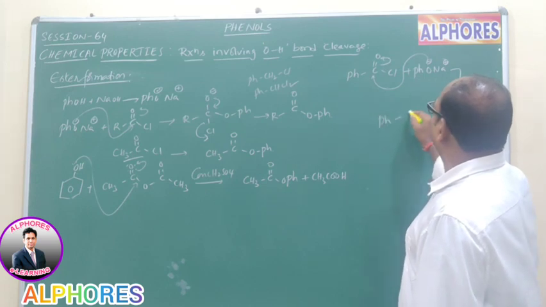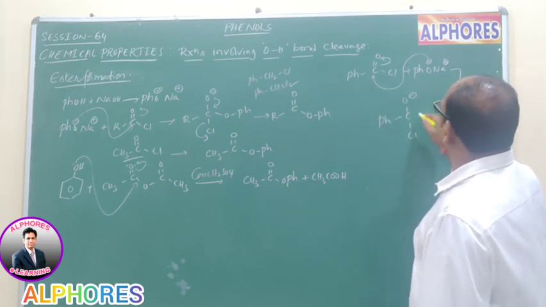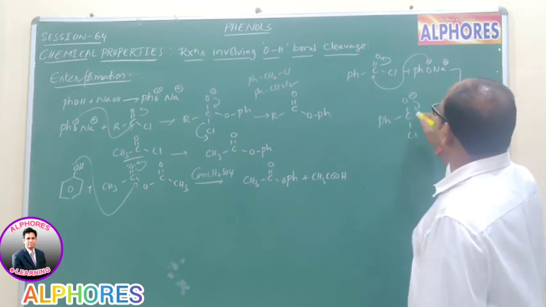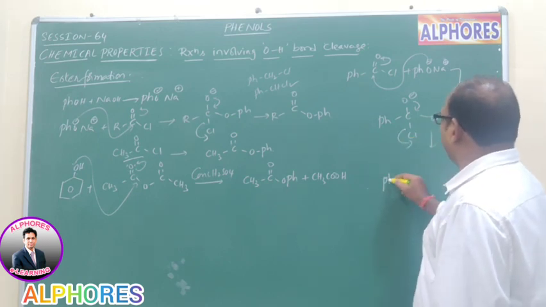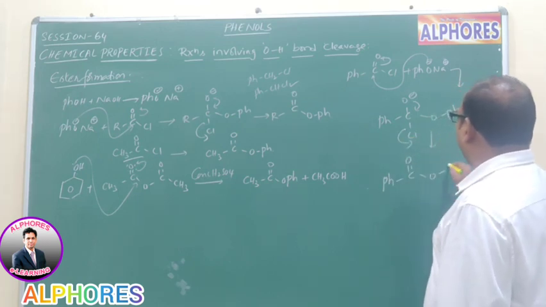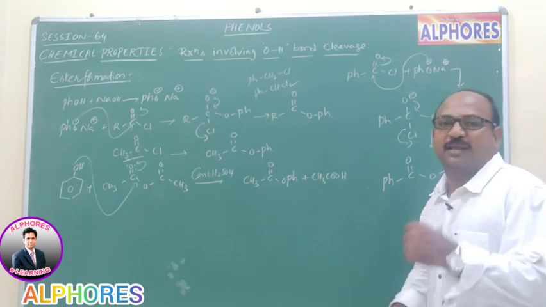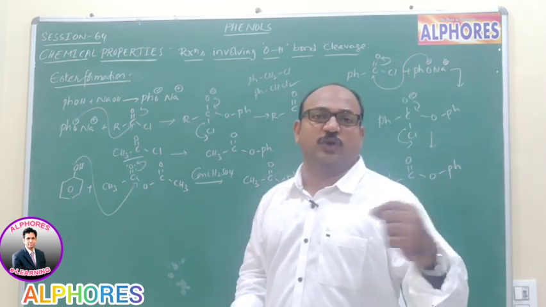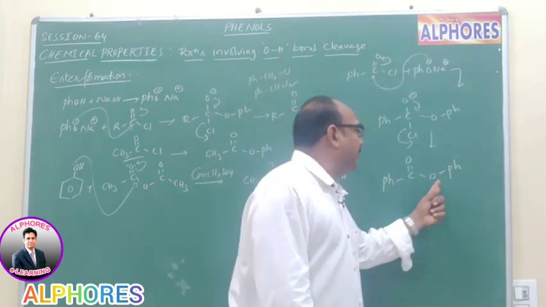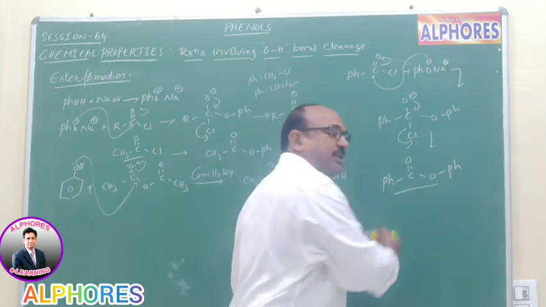Then we are getting PhCO-Cl OPh. Upon reversal, the Cl has to leave. Then we are getting PhC=OOPh. Its name is phenyl benzoate, meaning a benzoic acid derivative.